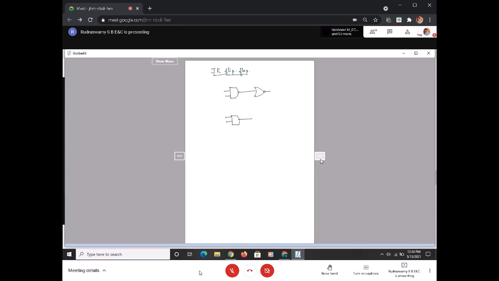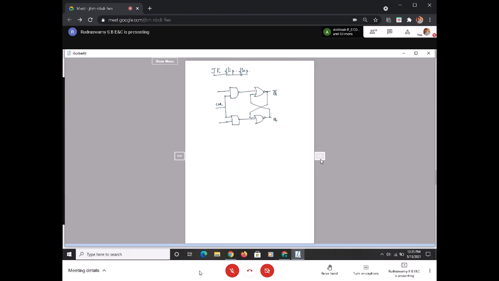What are the changes that I need to do? That is the question. Clock, Q bar, this is Q.